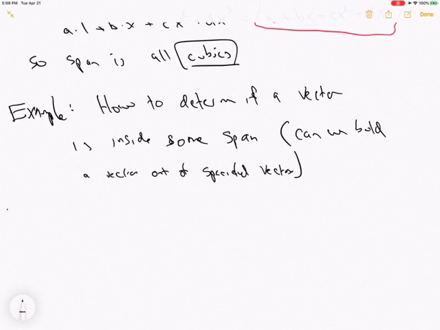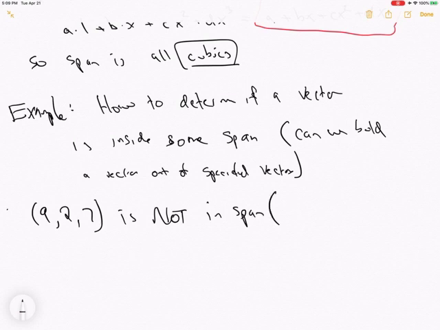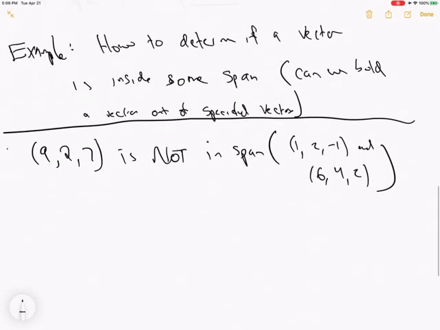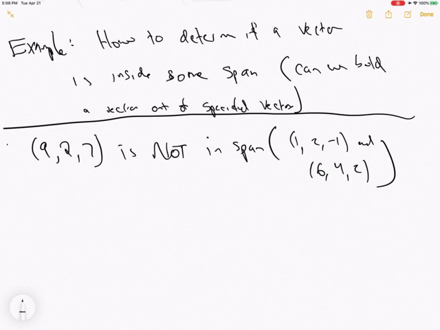Okay, so here's an example. Let's say (9, 2, 7) is not in the span of, I'll give you 2 vectors, (1, 2, -1) and (6, 4, 2). And how can we see that?